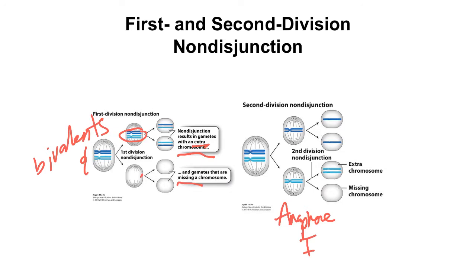As you see here, this bivalent chromosome pair has separated normally. However, at anaphase 2, it is quite possible that the sister chromatids, no longer the bivalents, fail to split up.